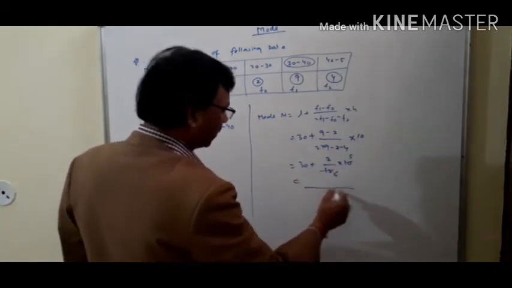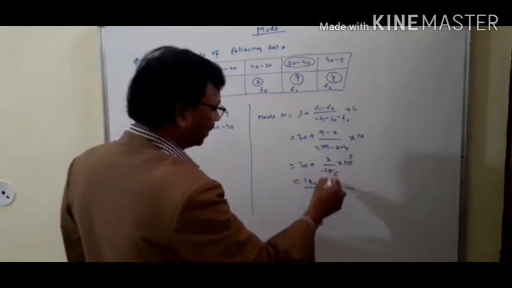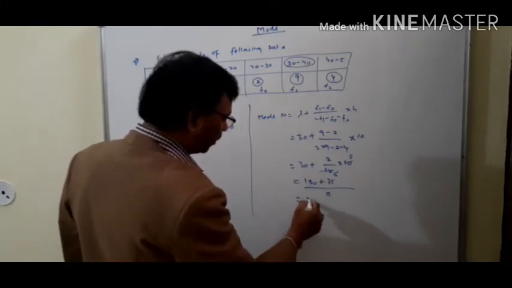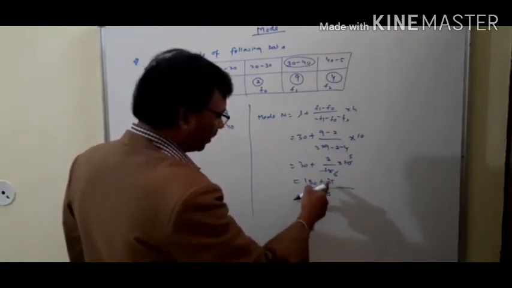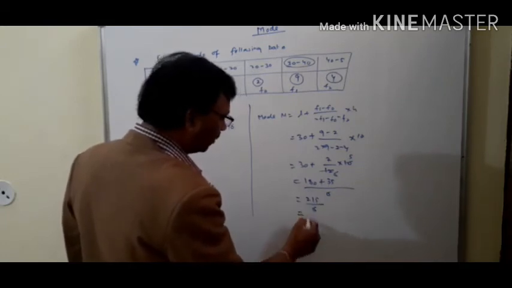Taking LCM, this will be 180 plus 7 times 5 is 35. This will be 215 upon 6.